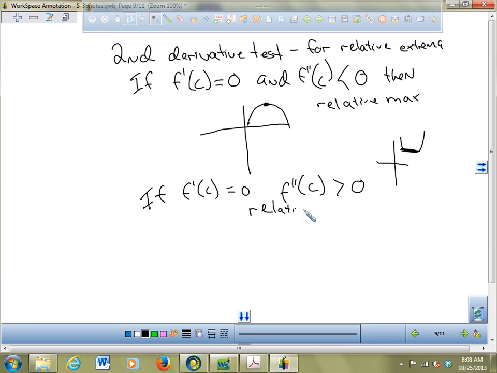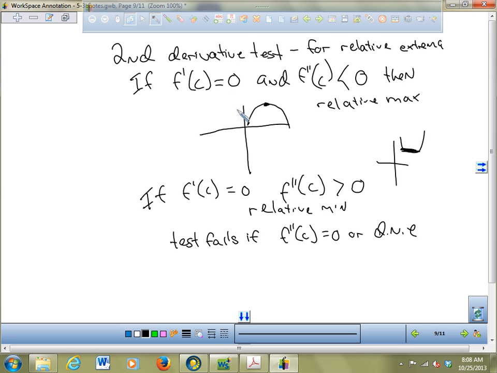We'll do an example in a second. And the test fails if f double prime of c equals 0 or is undefined at that point.